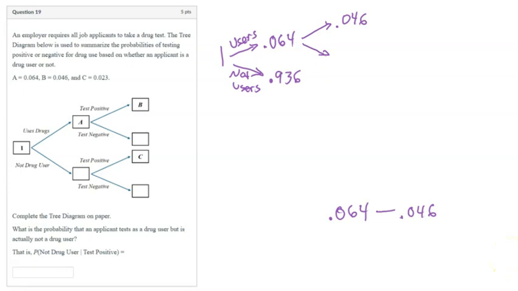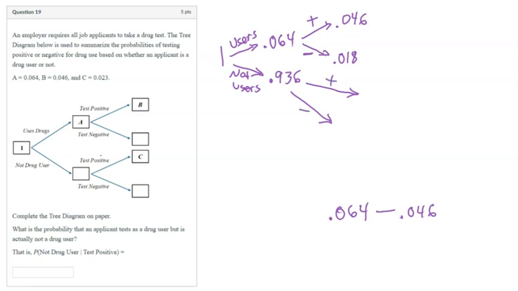So we're going to put a 0.018 here. Now we're going to split this one up, and these are testing positive and these are testing negative. See what it says? Positive and negative, okay? Now we're going to do the same thing here. We're going to do testing positive and testing negative, okay?